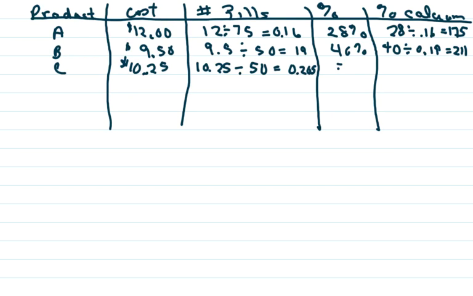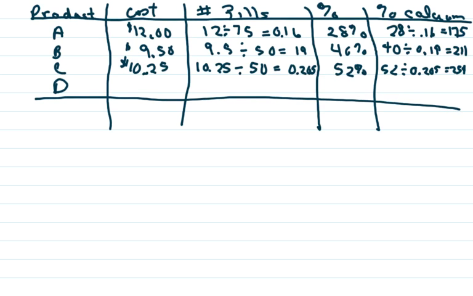The percentage was 52%. So you have 52 divided by 0.205, which equals 254.